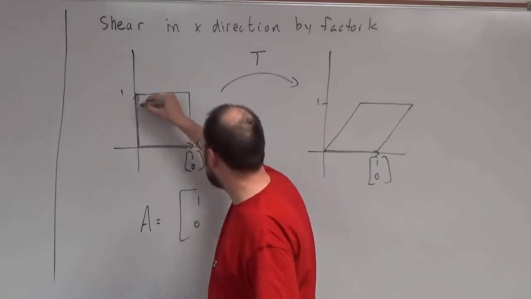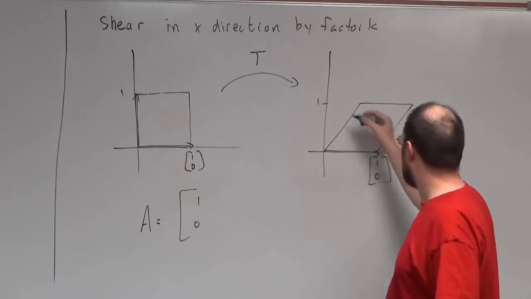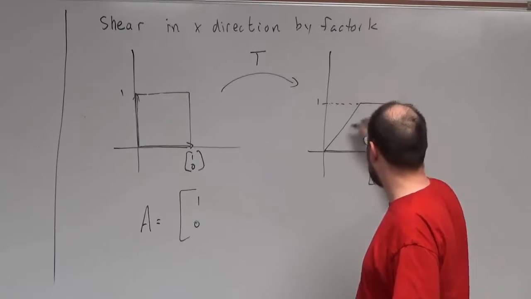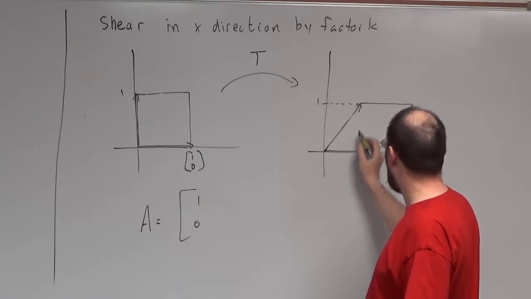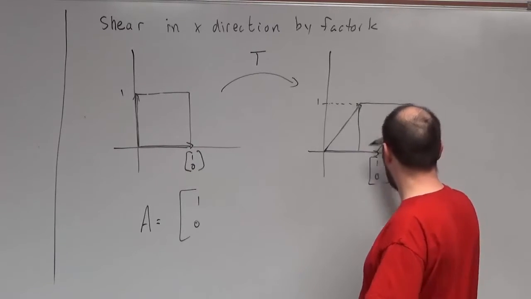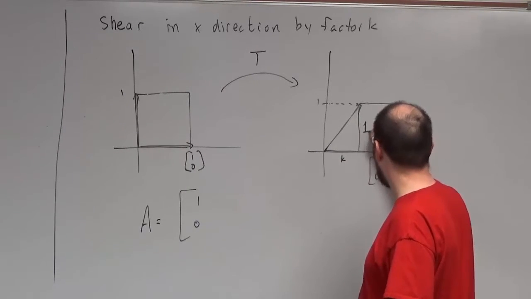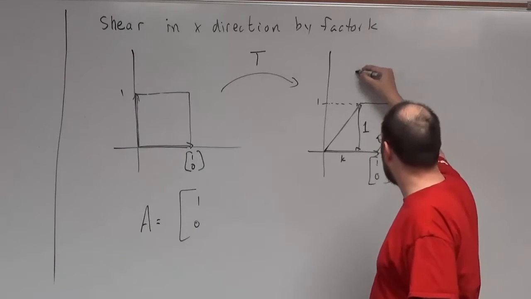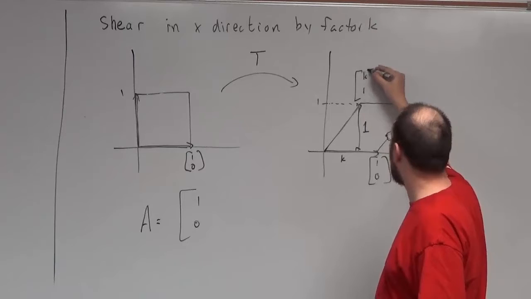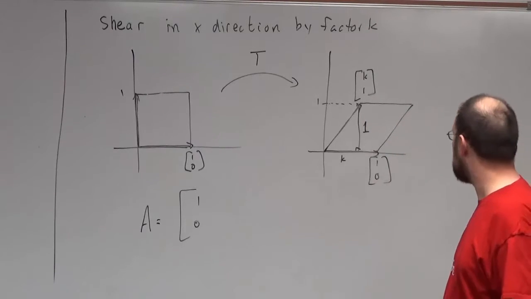Now, the second standard basis element. By factor k, we mean that this is now the vector k, 1, right? We move that over by k. This is 1. So this vector would be k, 1.